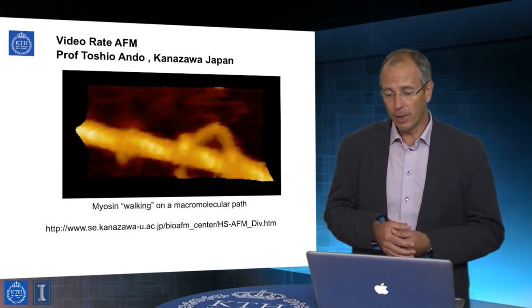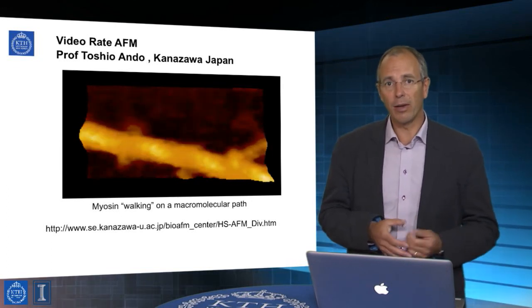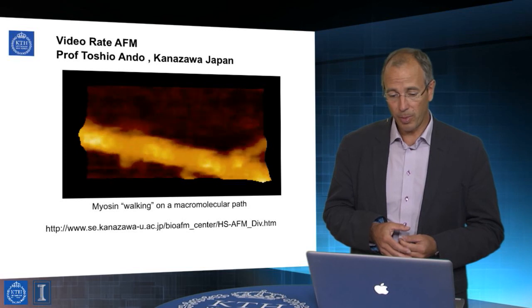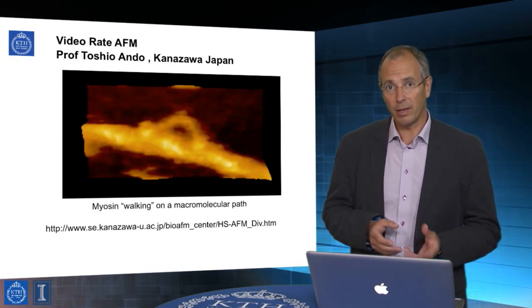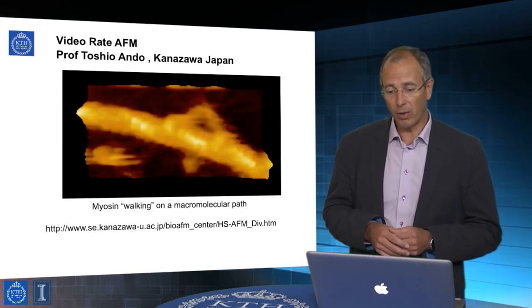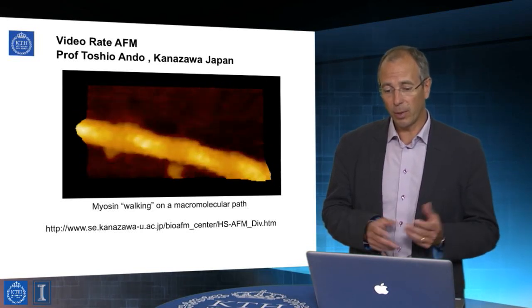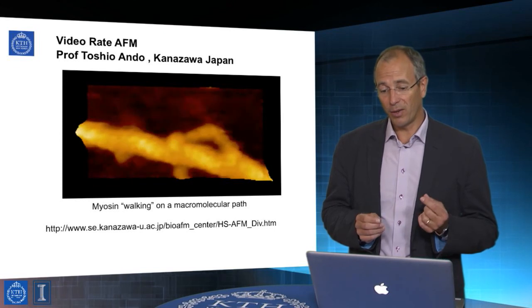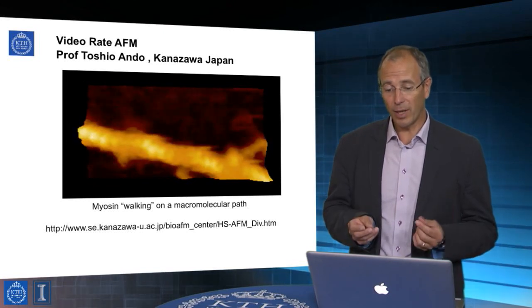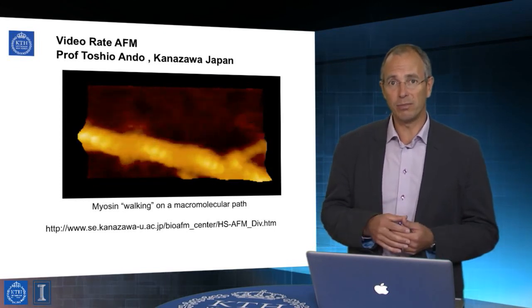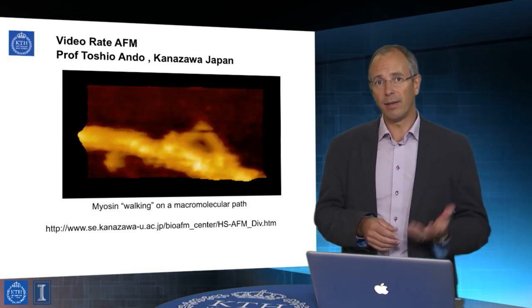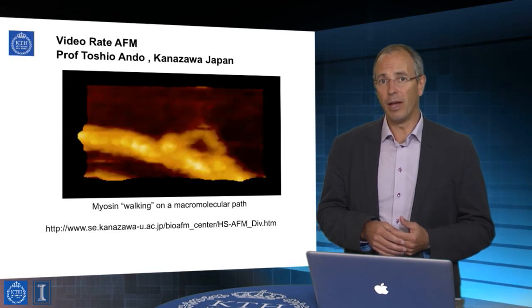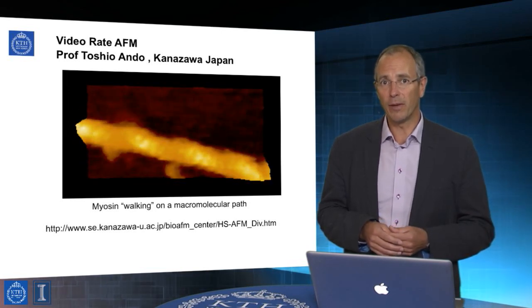And this little example, which I have shamelessly downloaded from his homepage, shows a myosin molecule actually walking along an actin fibril. So we're able to not only see these things, we're able to follow their biological activity in real time. And to me, this heralds a new era of nanotechnology.